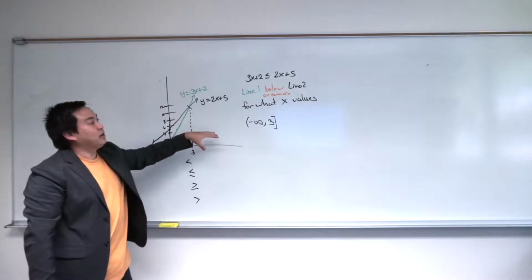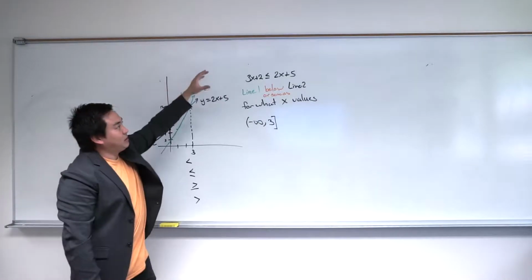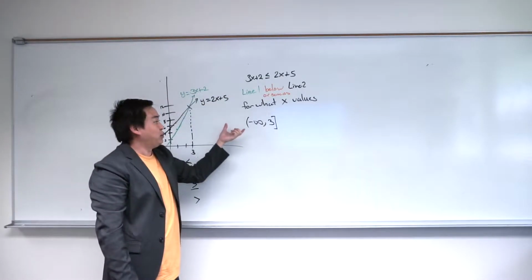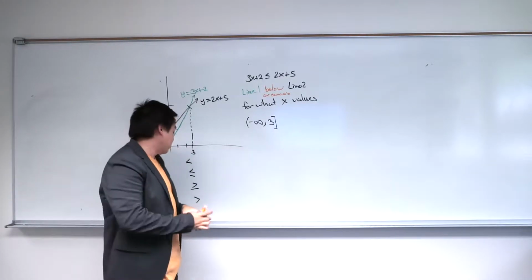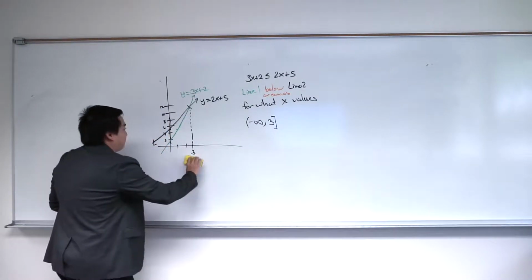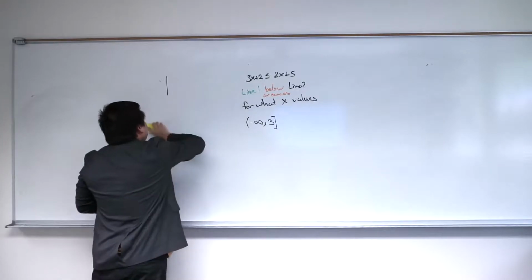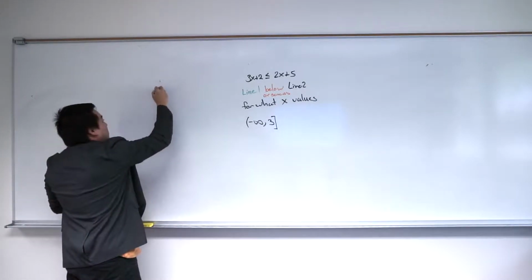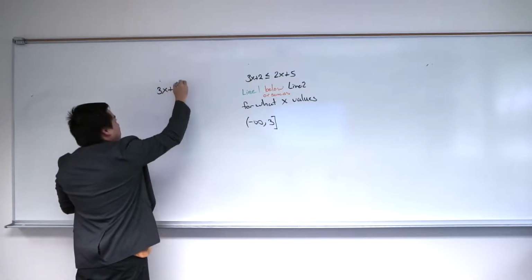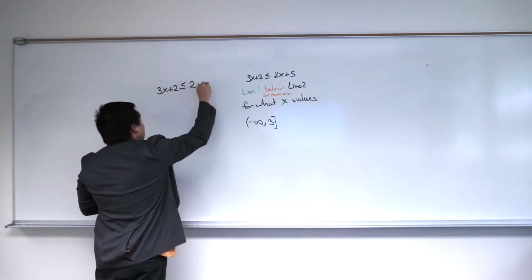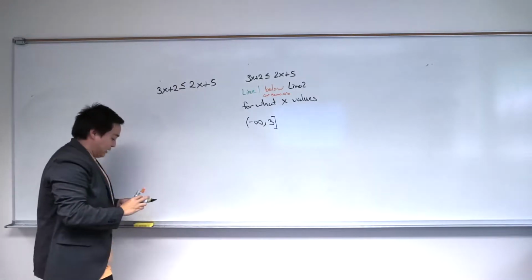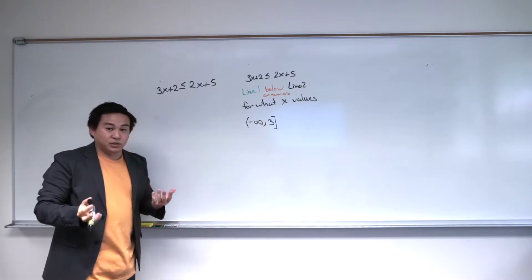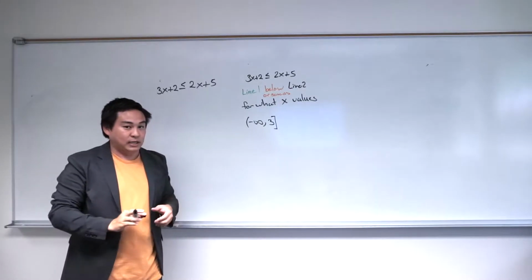So what we're going to do now is take this equation and solve it algebraically, and we should get this same result, the same answer. So let's erase the graph. And what's really nice about linear inequalities, or inequalities in general, is that when you solve them, you basically solve them like an equal sign.